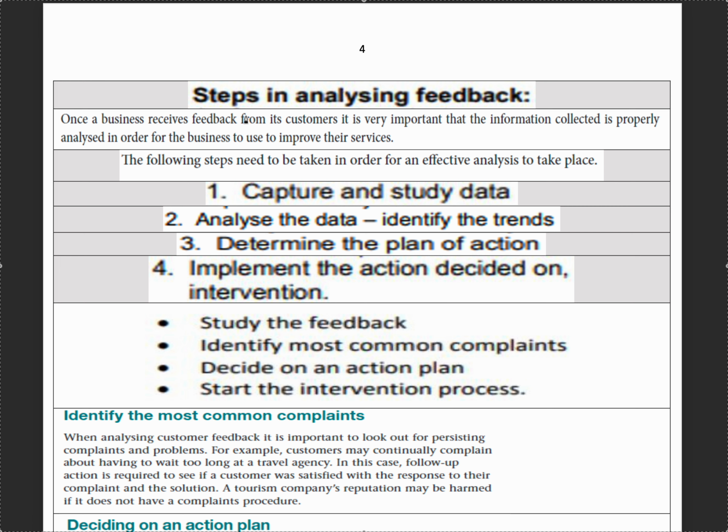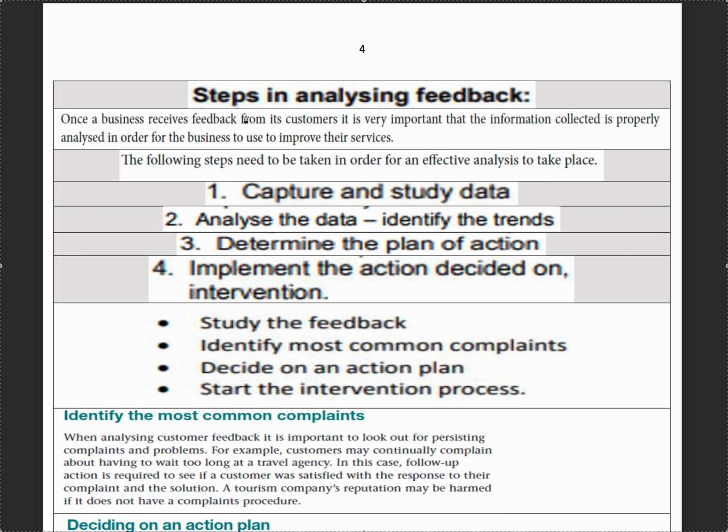In the first part we talked about customer feedback, why it is important to obtain feedback from the customer, and which methods are used in collecting the feedback.